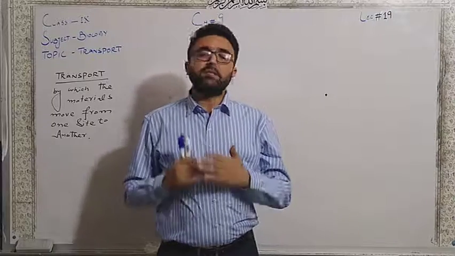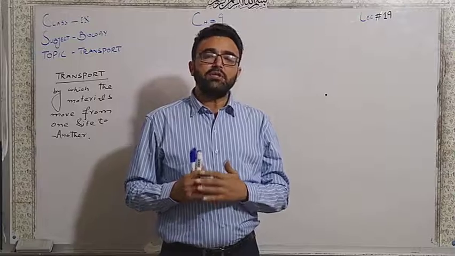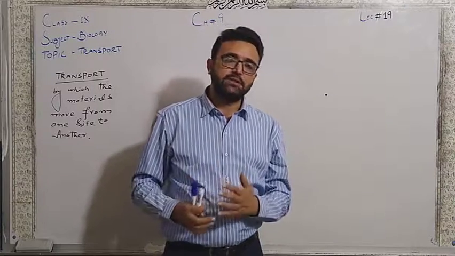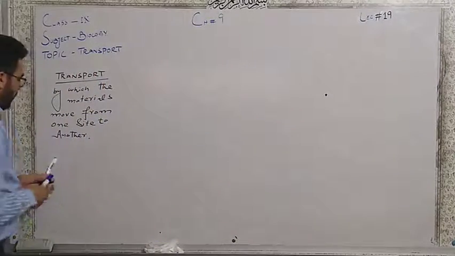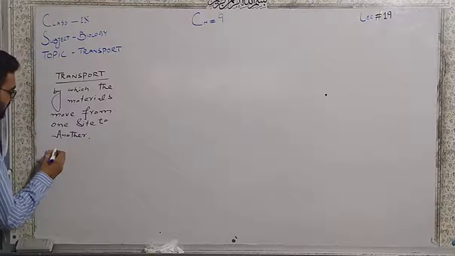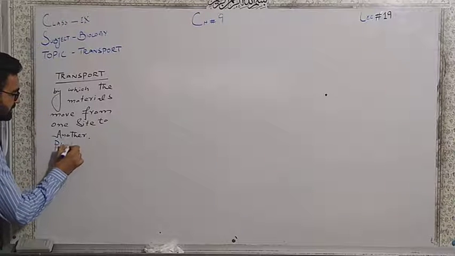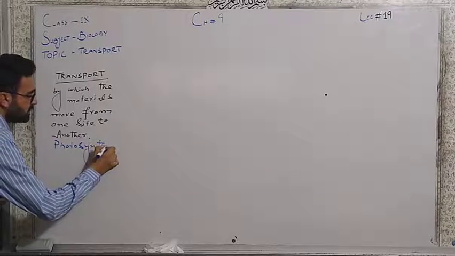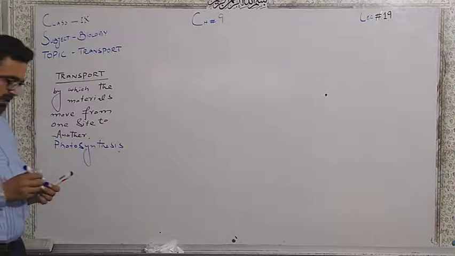Dear students, let me give you some examples by which you will easily understand the importance of the transport mechanism. All of you know very well the process of photosynthesis in green plants. Photosynthesis is a process by which plants prepare their own food in the presence of sunlight.